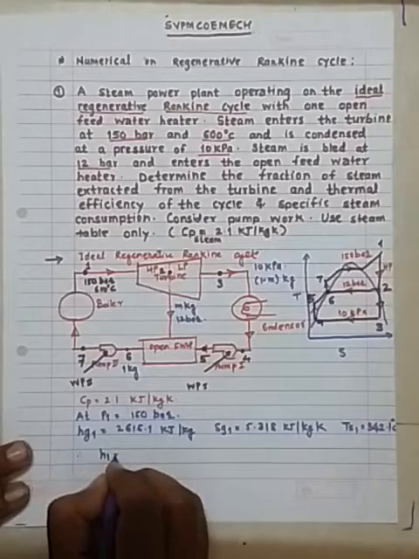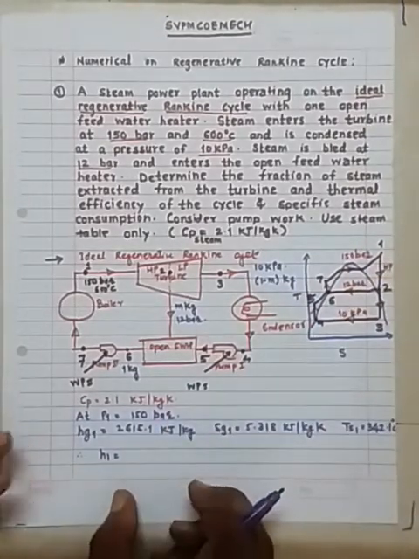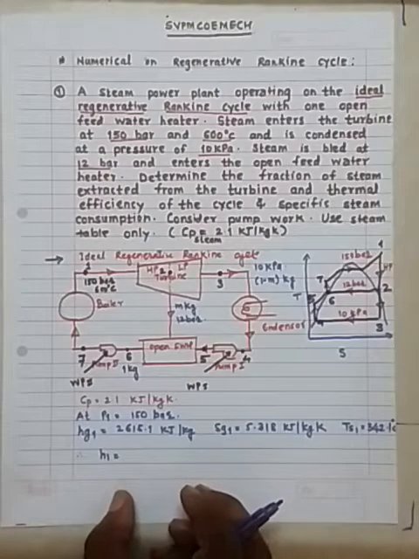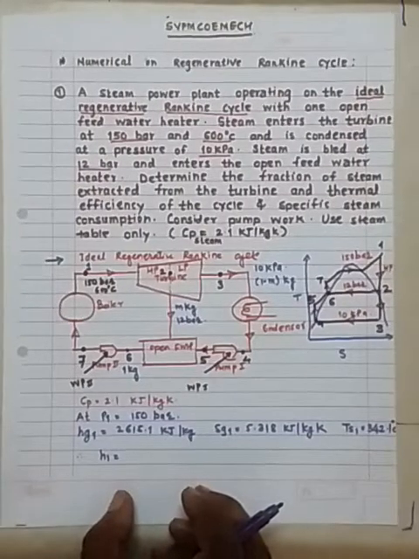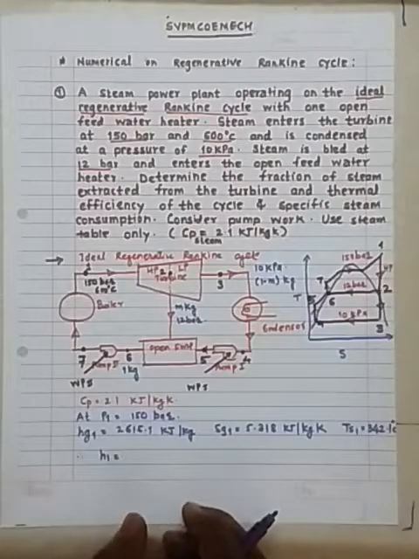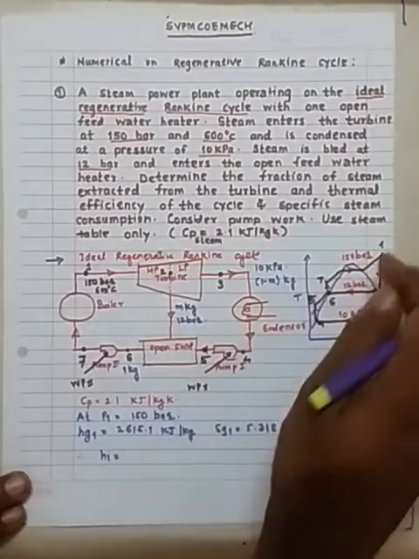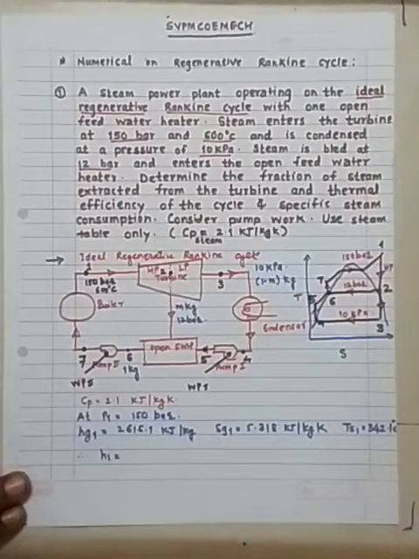So H1, that is the enthalpy at this point. In case of any kind of Rankine cycle, our aim is to determine enthalpies at different state points, and then further calculation will be there. But now I am aiming here to get the value of H1.